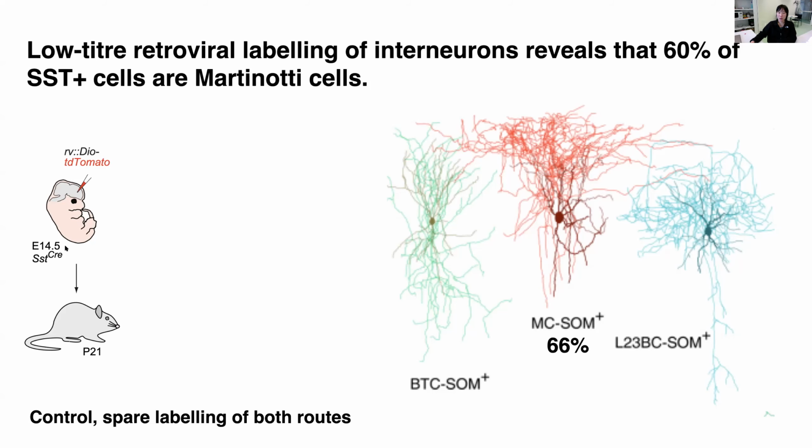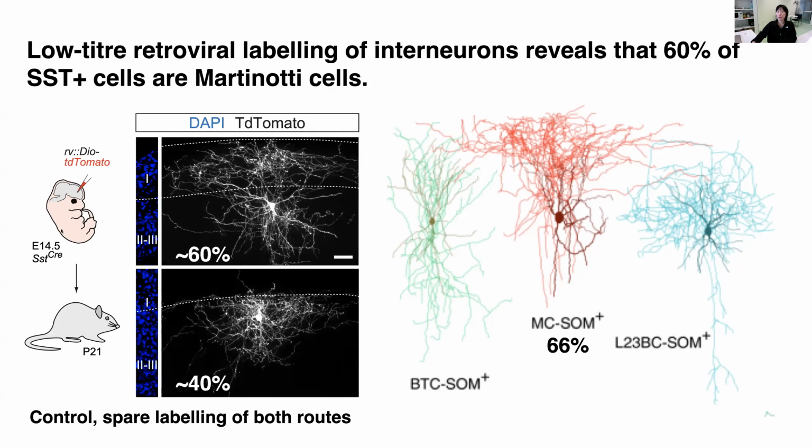Because this method is very sparse, it allowed us to look at the full morphology, and we can quantify how many cells we label are somatostatin and how many are Martinotti or non-Martinotti. The proportion comes up to be about 60-40, matching what was in the literature. Now, this type of labeling labels progenitors, so it's unbiased, and it randomly labels cells from either route.